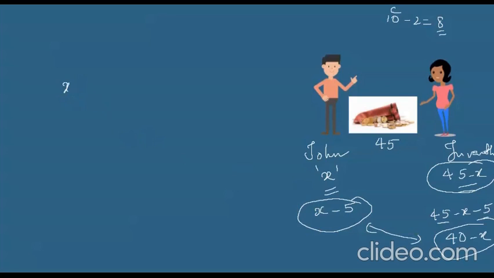This is the number of marbles that John has right now, multiplied by what Jivanti has, which is 40 minus x. If you take the product, it will be 124. So this is how you form the variables and apply the conditions to get the quadratic equation.